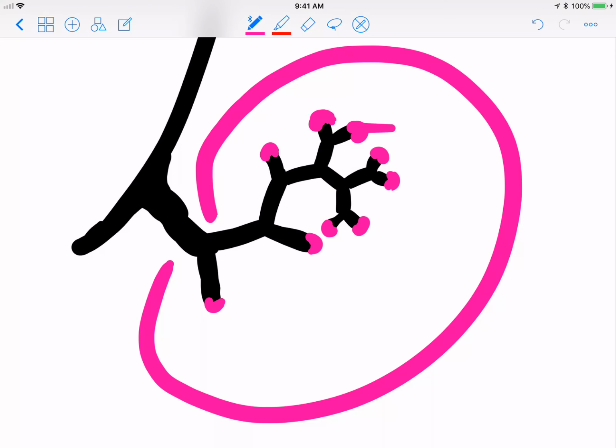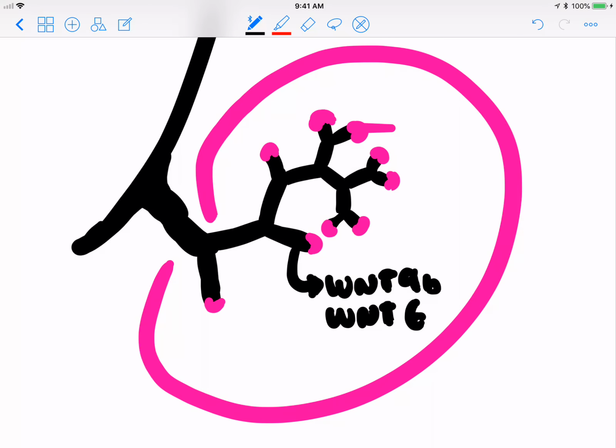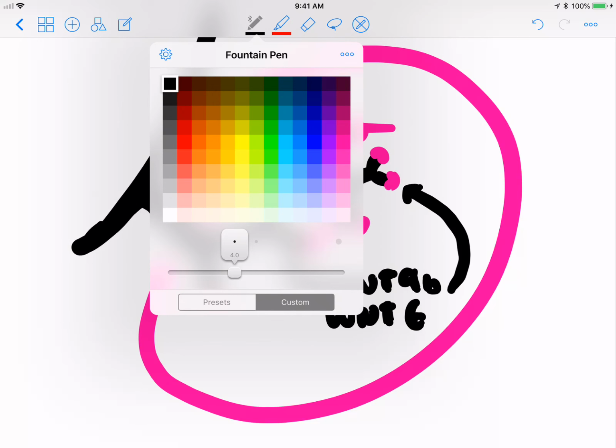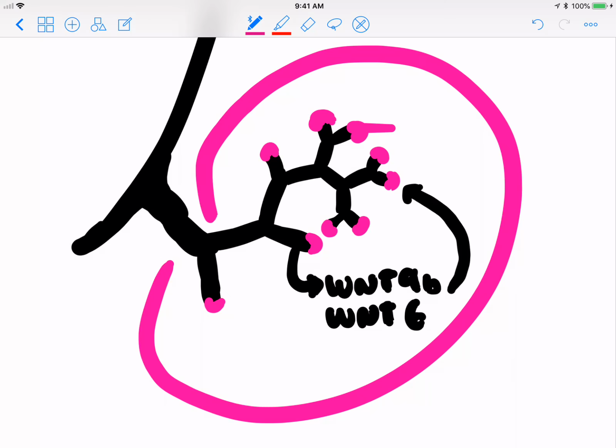The millions of branches of the collecting system will release a factor called Wnt9b and Wnt6. What Wnt9b and Wnt6 do is they communicate to the metanephric mesenchyme cap, and they cause it to release Pax2 and Wnt4.